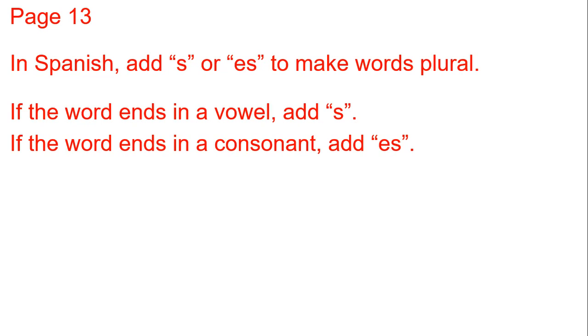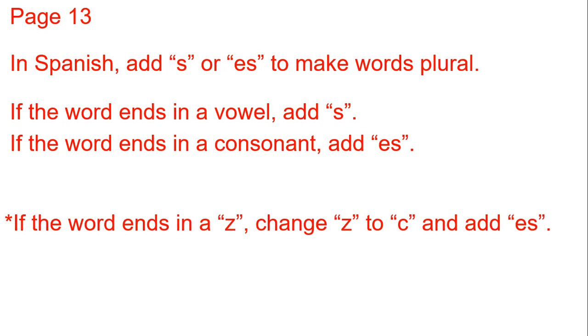Spanish also has something like our Y changes to an I, but in Spanish it's not Y, it's the letter Z. If a word ends in the letter Z, you're going to change that Z to a C before you add ES. So instead of changing Y to an I like baby to babies, we're going to change Z to a C and still add ES because C is a consonant.